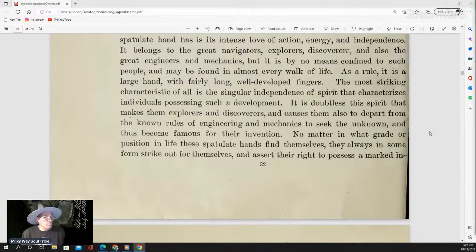No matter in what grade or position in life these spatulate hands find themselves, they always in some form strike out for themselves and assert their right to leave a mark.